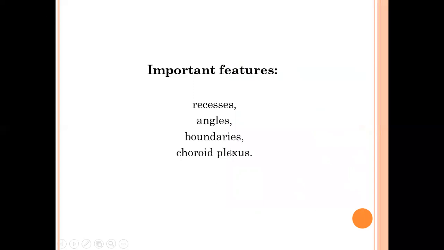Important features of the fourth ventricle: it has recesses, angles, boundaries, and the choroid plexus.